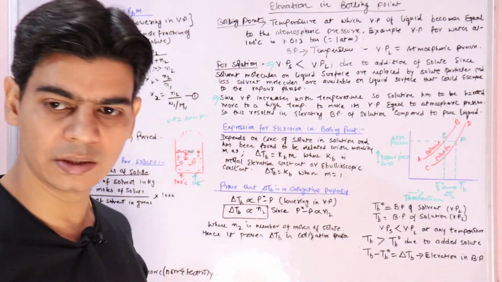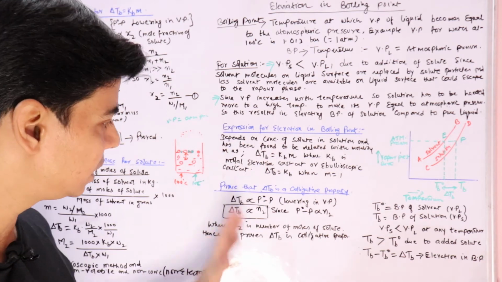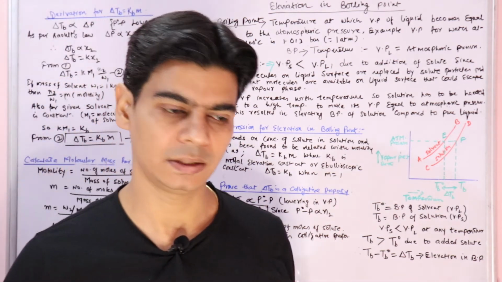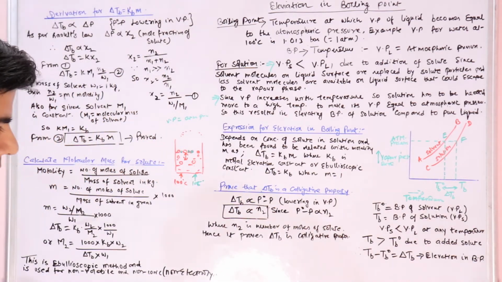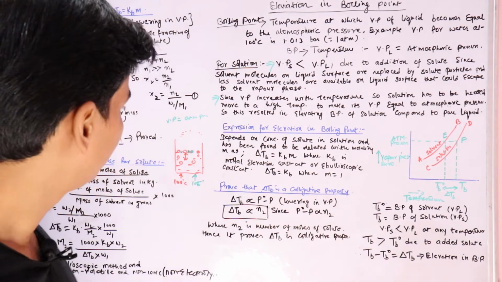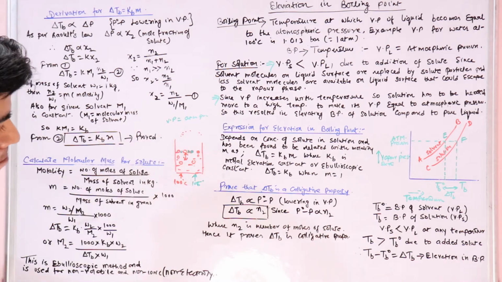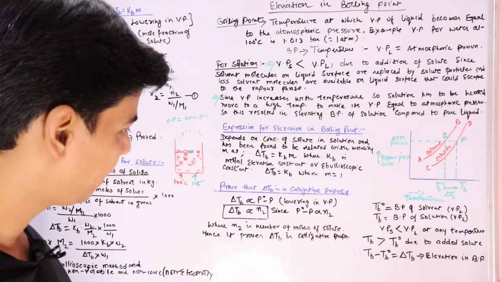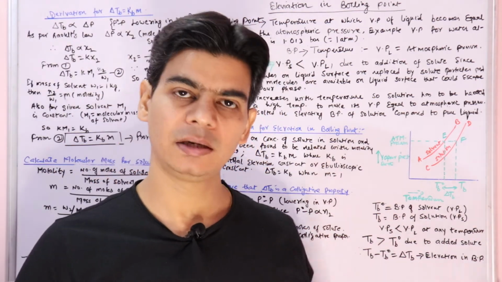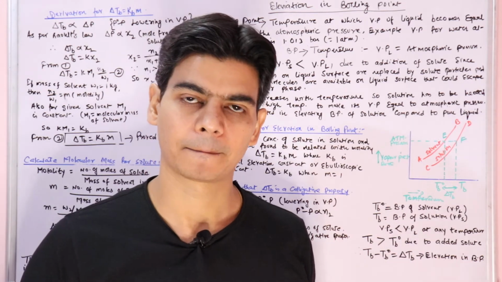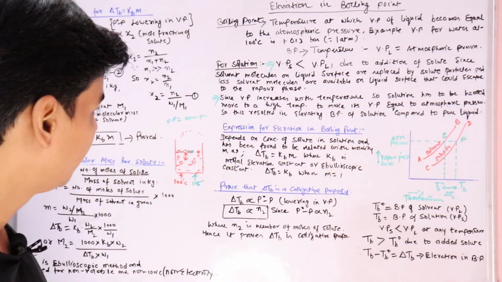Now, since in the beginning we said that elevation in boiling point is a colligative property, let's prove it. Since we know that this delta TB, elevation in boiling point, is directly proportional to lowering in vapor pressure, right? How?